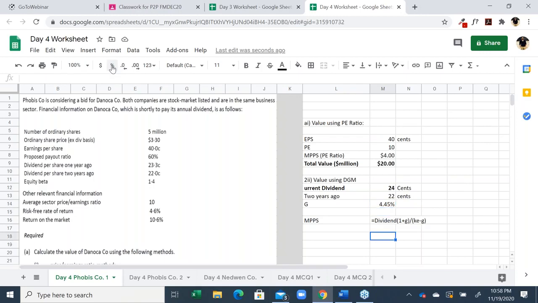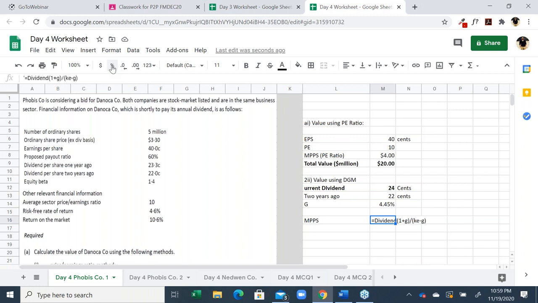So let's now calculate. Okay, we also need cost of equity, right? Sorry, cost of equity, yeah. Right now, let me tell you something important which you need to note down anywhere on your registers.